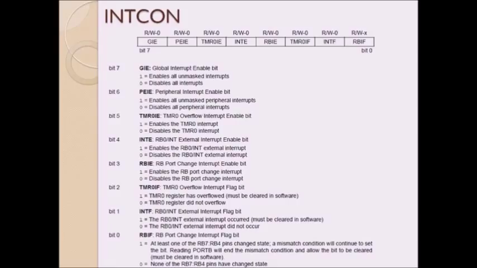If you are programming it to 0, then the processor will not execute the ISR even though the Timer0 interrupt is generated. And if you see this Timer0 IF, whenever an overflow interrupt is generated, this particular bit will become 1, indicating that the Timer0 interrupt has been generated.